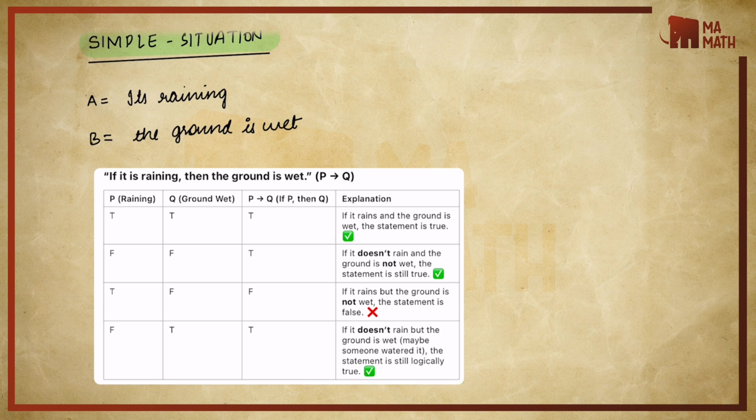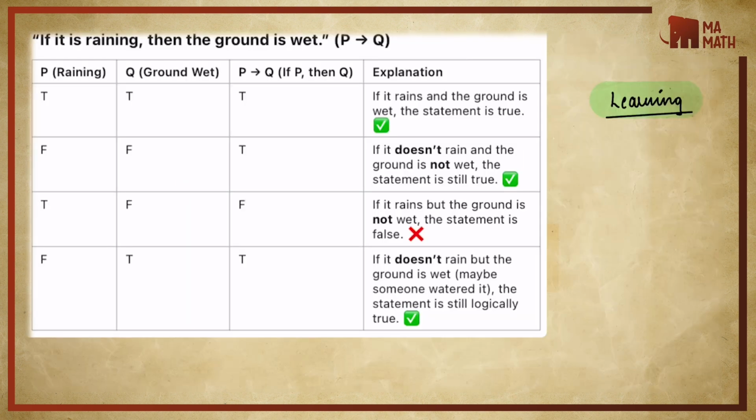Now let's apply this situation to root 2. Now we understand that the statement is true, because we found out that if a number is rational, it can be expressed in p by q form, and that entire statement is true. So if the compound statement is true, these are the three scenarios possible.